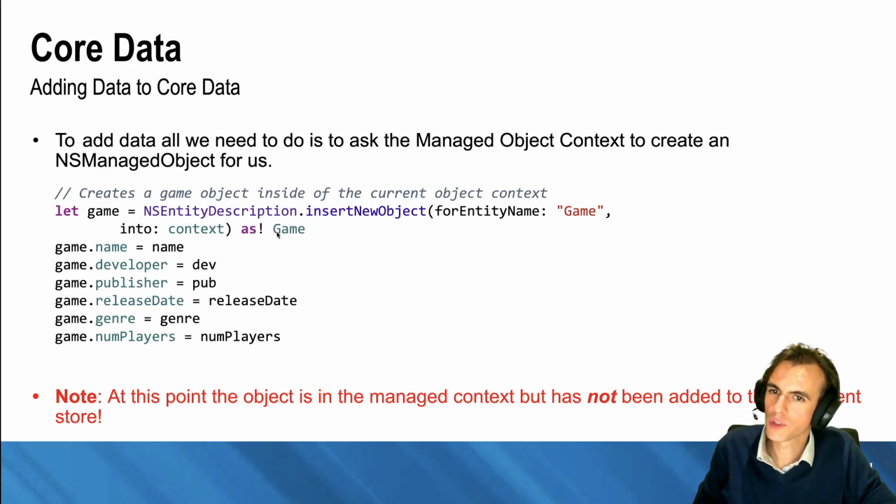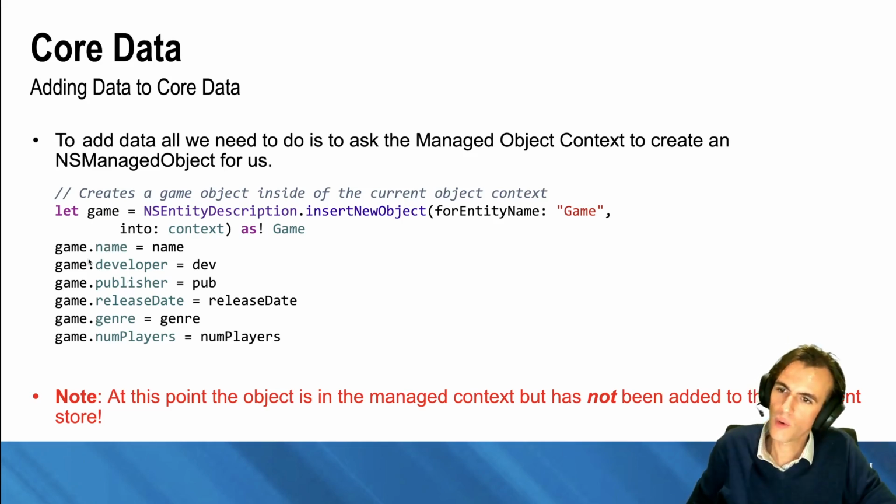Because it's cast to this type Game, we know Game just has standard properties, and we can refer to them like this via the property names, and this sets the attributes in the Core Data model. And you can create a new one, set its name, set its developer, set its publisher, set its release date, etc.